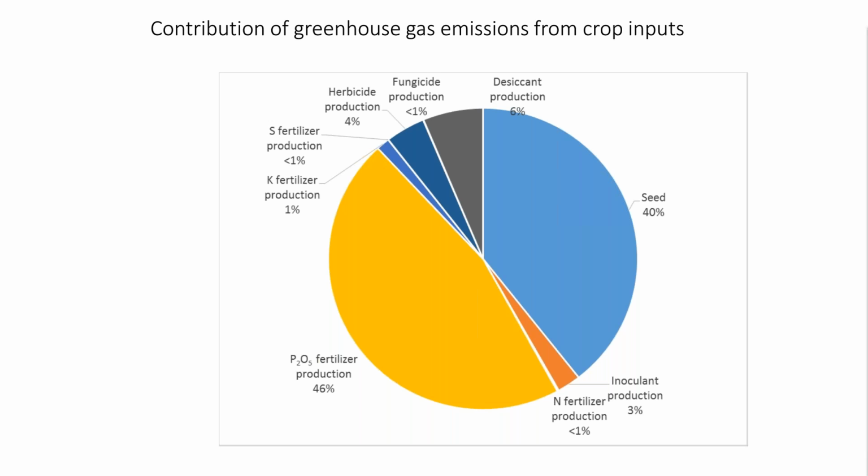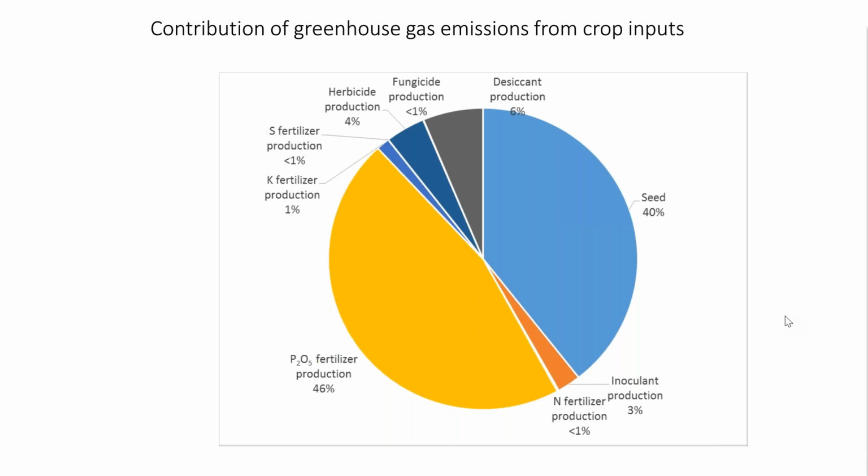You can see inoculant, not a big issue, even at low rates though, for 0.7 pounds per acre, there was still a 3% contribution. Desiccants at 6, fungicide at 1, and again, some of your S and K fertilizer, which are fairly negligible. And N fertilizer, which is always a carrier in 11-51, 11-55, or however you're getting your phosphorus fertilizer, you do have some N fertilizer in there as well, but it was fairly negligible.